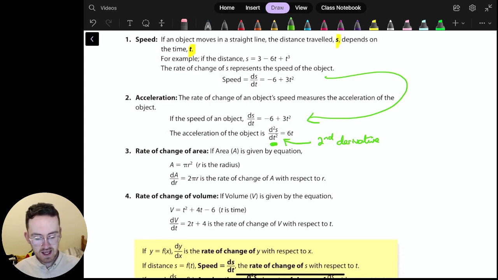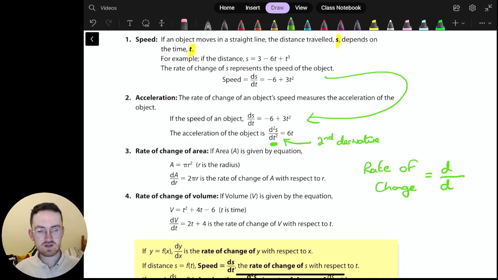So what we can see here is that idea of rate of change being related to, and this is what we had at the very start, that first derivative. So this idea that rate of change is related to dy/dx, and we saw this when we introduced it.